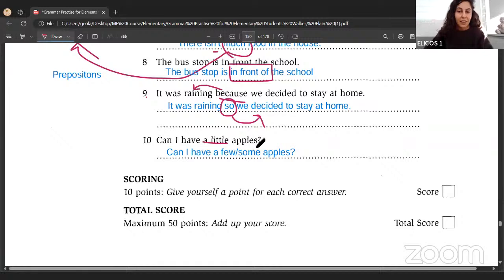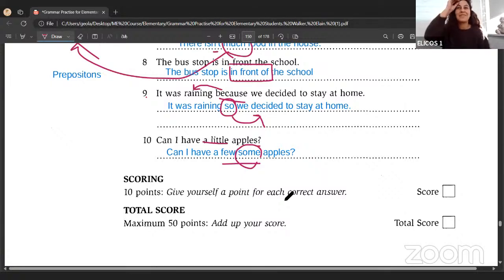When we have singular, this is plural. So can I have a few apples? Can I have some? I would go for some because it sounds more general. Can I have some apples? Unless you want to say how much, can I have 2 kilos of apples? Then I would be correct to put more, how much exactly.